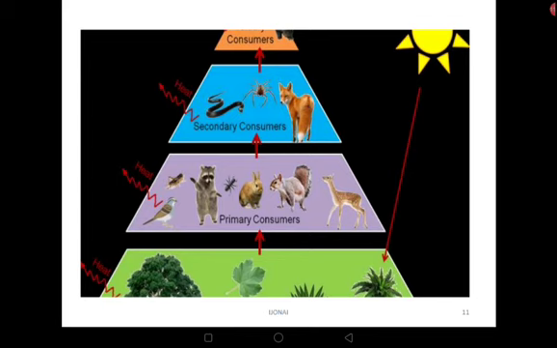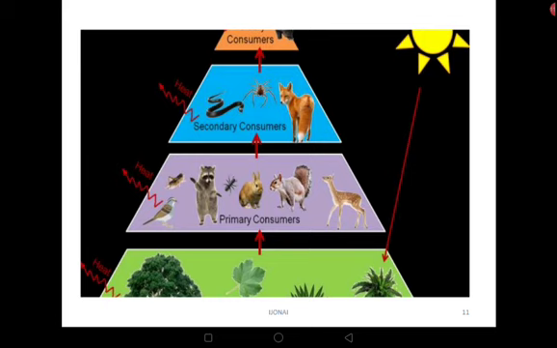So we can also see from there the trophic levels. We have the green plants that are eaten by the primary consumers. Primary consumers are eaten by the secondary consumers. Secondary consumers are eaten by the tertiary consumers.